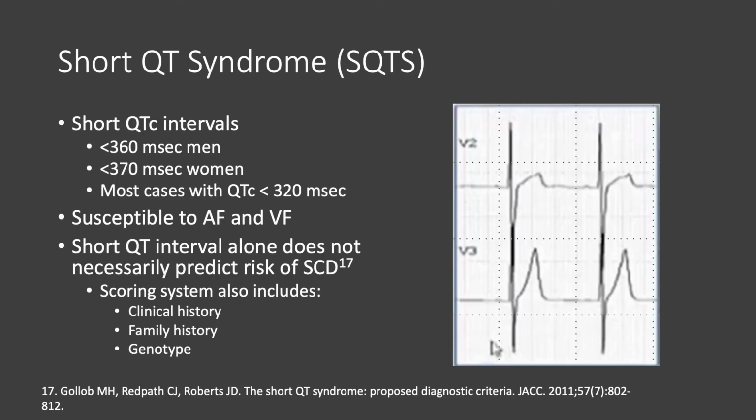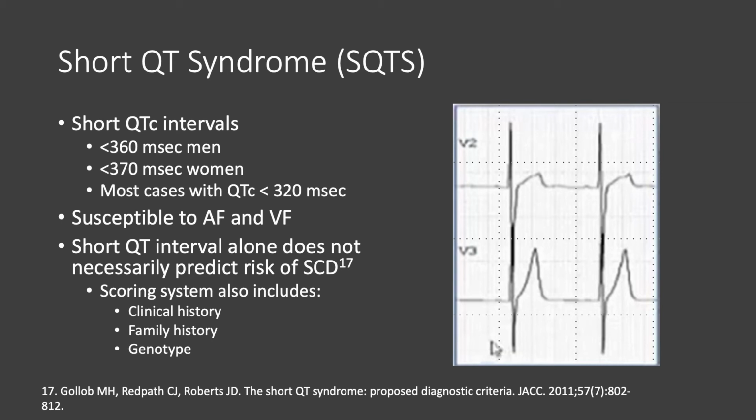There is also a short QT syndrome, and this is pretty rare, but a short QT interval is defined as less than 360 corrected in men and less than 370 corrected in women. However, most cases that have been described show that these patients have an even shorter QT interval, and you can see that illustrated here in this ECG.